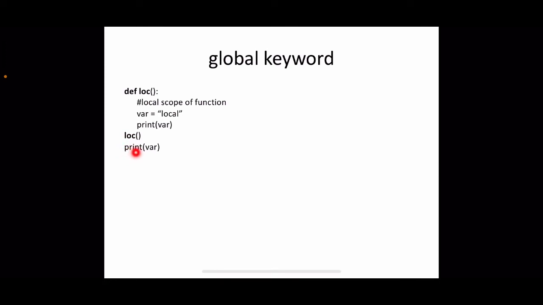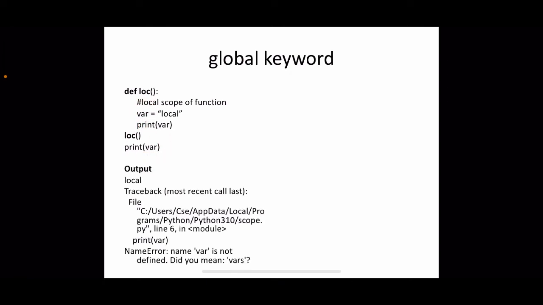Again, we are trying to print the variable var outside the scope of the function. What can be the output in this case? When we call this loc, this will be executed, then print will be executed, and local will be printed, right? And what about this print statement? This var is not known outside the scope of this function, right? Definitely an error will be generated.